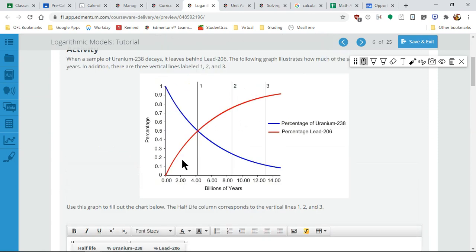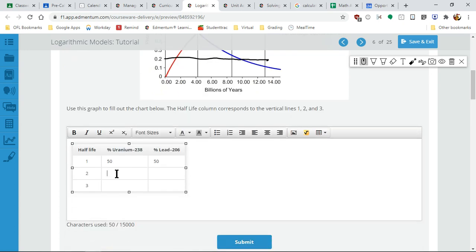After two half-lives, let me try to draw a straight line. That is the worst straight line possible. It's a little above 0.2, so I'll probably say 0.25 or 25%.